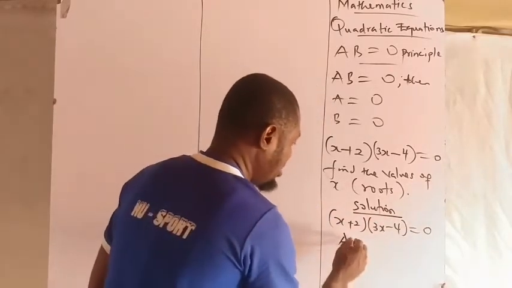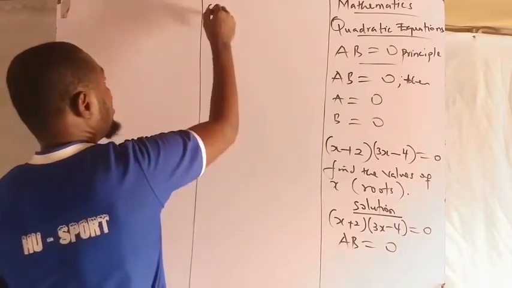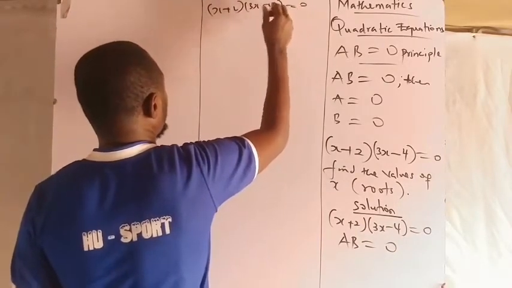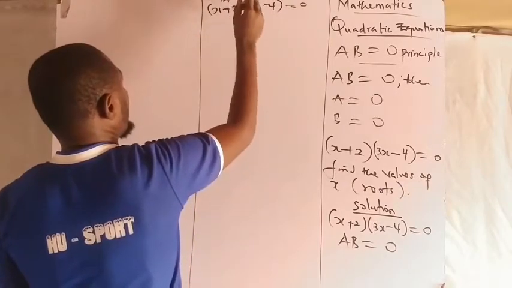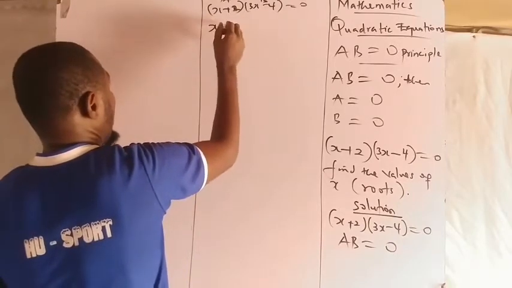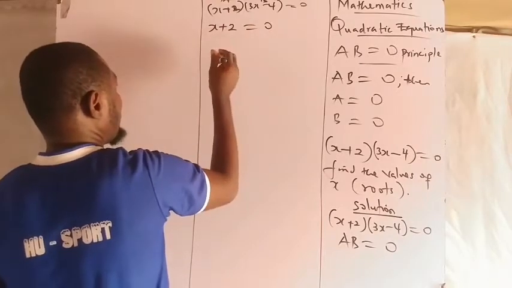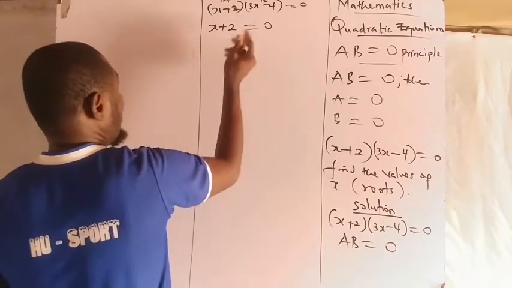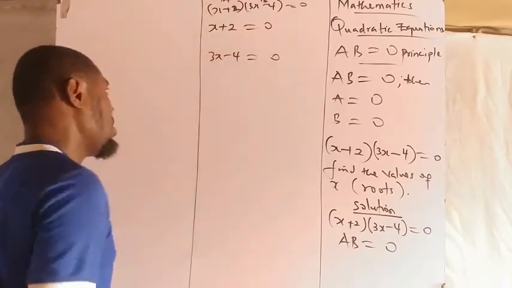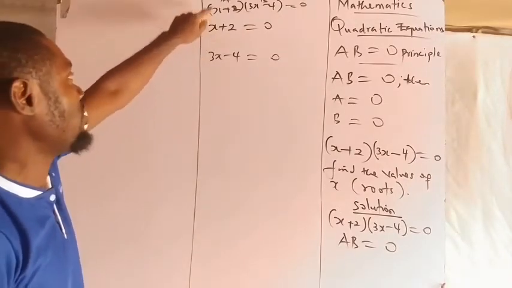Applying your AB is equal to 0 principle, x plus 2 will be my A, and 3x minus 4 will be my B. So the first bracket, x plus 2, will be equal to 0, and the next bracket, B, 3x minus 4, is equal to 0.